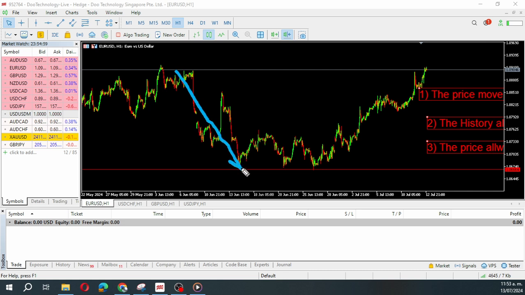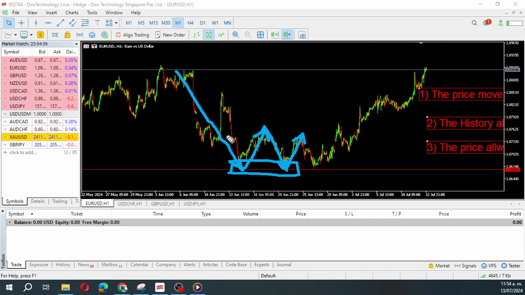And the price comes into this kind of area and moves up. Then if the price comes back to this area and makes the same movement, this shows us that this area is very important, right? It makes more buyers interested in order to make the price move up, right?